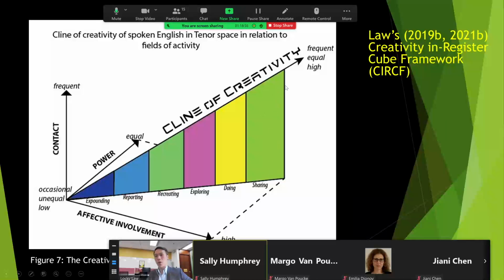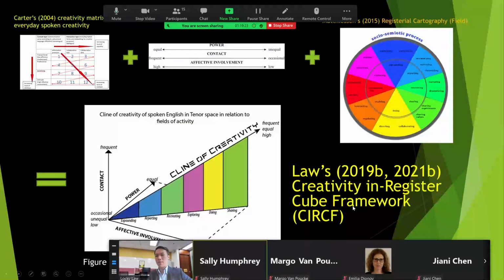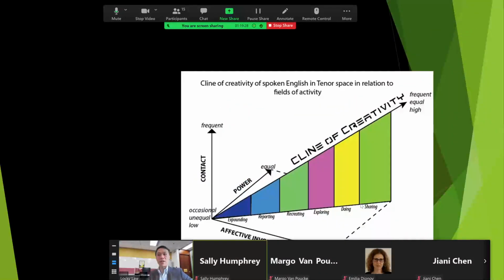Where the sharings are prominent, there is usually a very high level of affective involvement, power is mostly equal between interlocutors, and the contact between them is frequent. So in a sense, maybe family or friends, when they have less power distance, tend to be more willing to be creative in their speech.